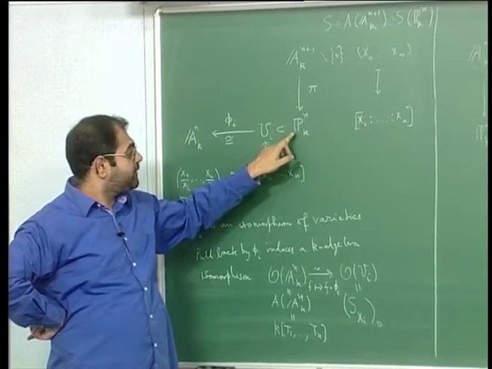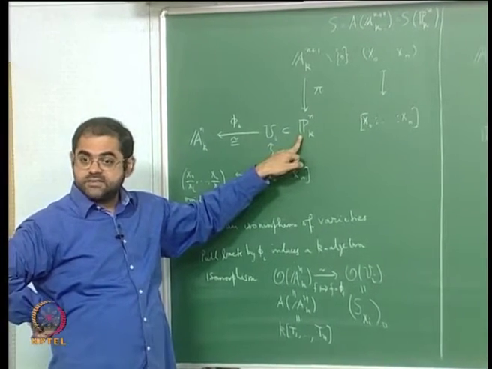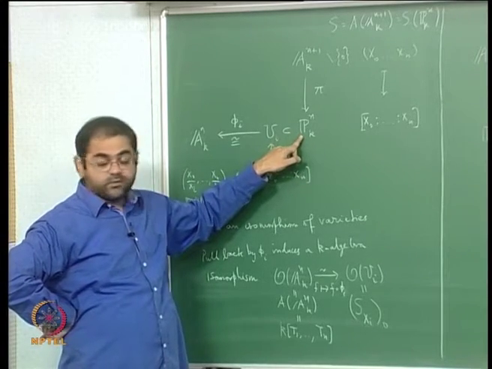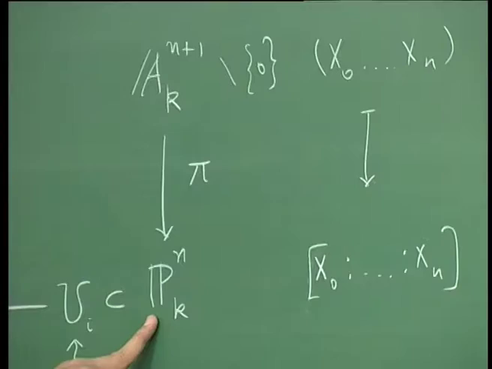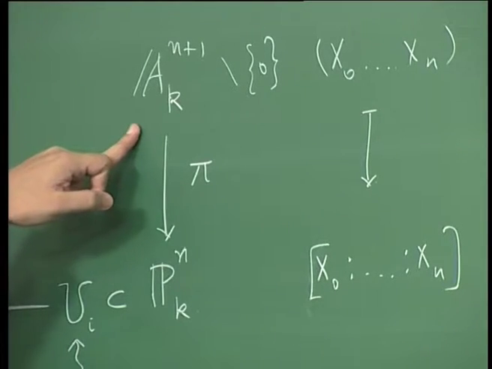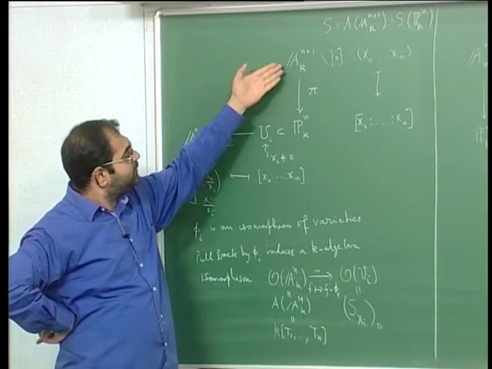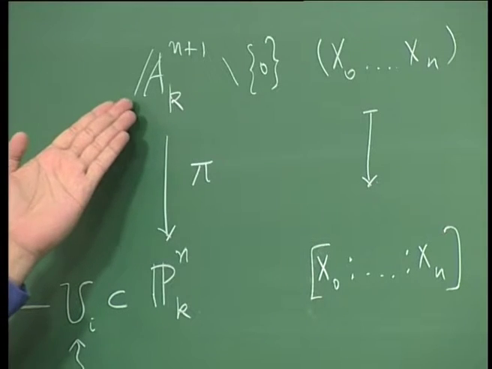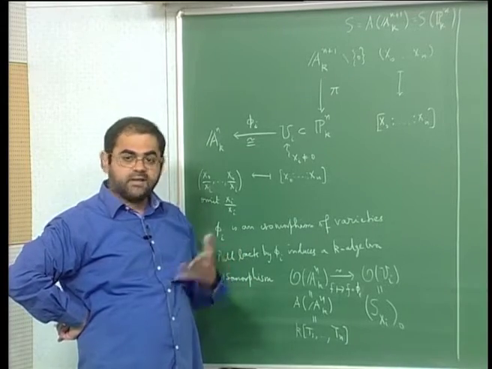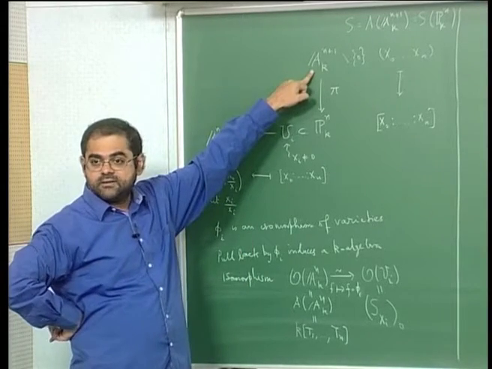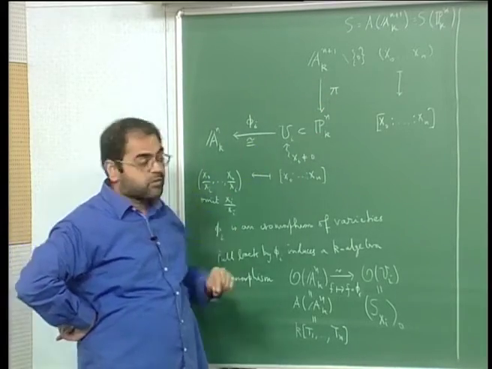So if you take a function of the form f by g, f and g homogeneous polynomials, defined on an open set contained in the locus where g doesn't vanish, then its inverse image will be simply the same function f by g, which is again a quotient of polynomials. A quotient of homogeneous polynomials is also a quotient of polynomials, and any quotient of polynomials defines a regular function locally on affine space. So it's very clear that pi pulls back regular functions to regular functions. So pi is a morphism.